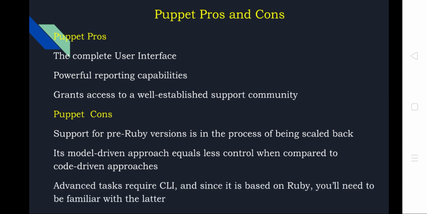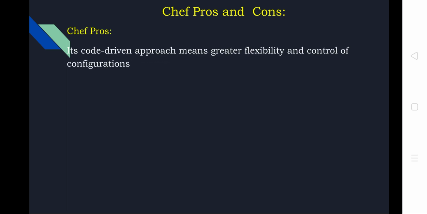Advanced tasks require a CLI, and since it is based on Ruby, you will need to be familiar with the latest version. So we have to learn the concept of CLI so that we can make the best use of the tool. Next we will see Chef's pros and cons. Its code-driven approach means greater flexibility and control of the configurations.